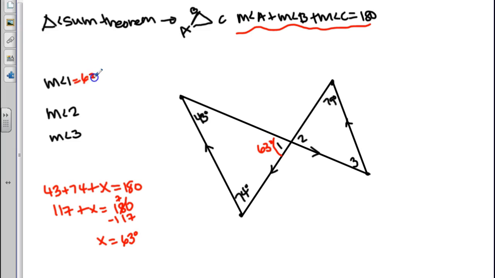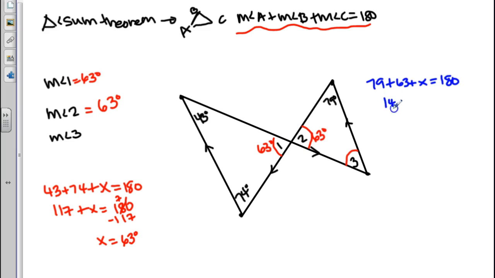We know that angle 2 is also 63 degrees because angle 1 and angle 2 are what? Vertical angles, and vertical angles are congruent in measure. So now that we have those two, we can definitely put that with 79 degrees and find the measure of angle 3. As we look at this triangle over here to the right, we know that 79 plus 63 plus the measure of angle 3, we'll just call that x, equals 180.